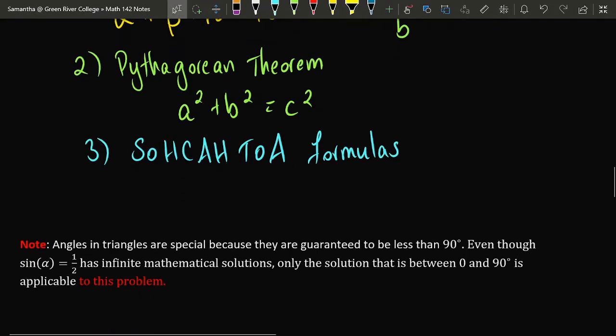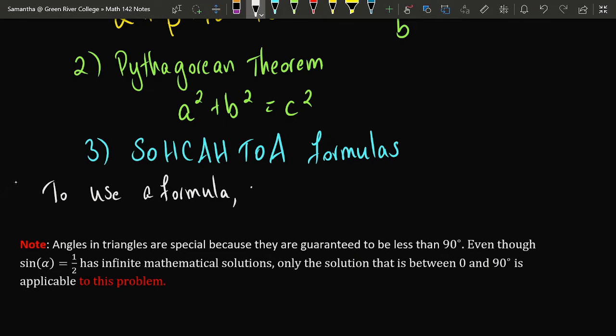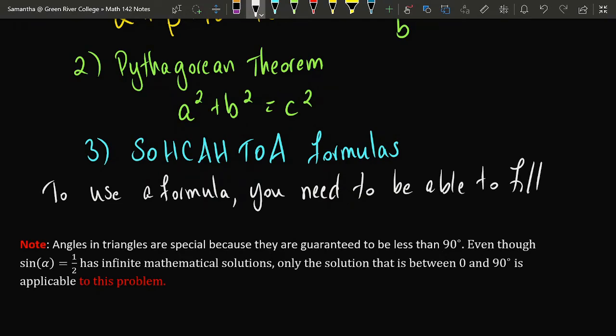As a general principle, to use a formula, you need to be able to fill in the values of all but one unknown.